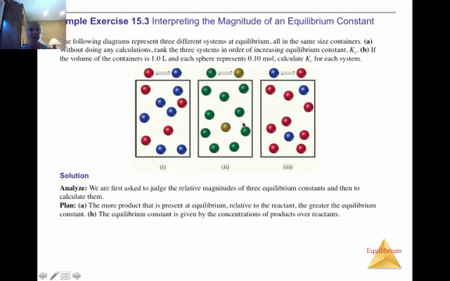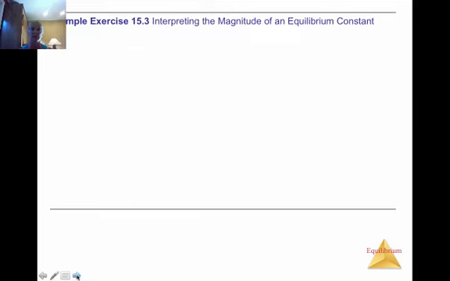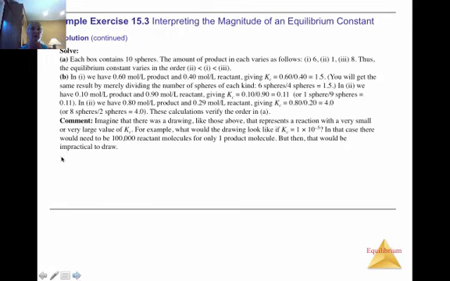So you can do the same for part 2 and part 3. And again, these problems are illustrated in your textbook. So having done those calculations, we have 0.6 molarity of the product that was in picture 1. There were 4 spheres that were reactant, and that would give it a 0.4 molar.